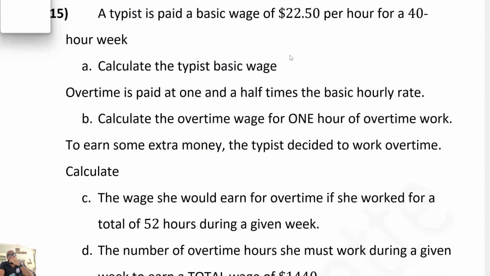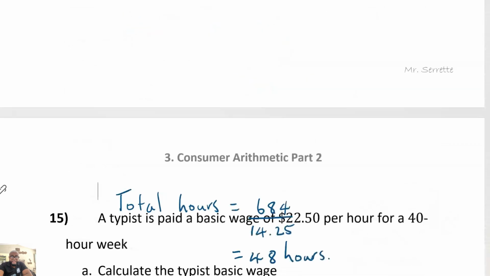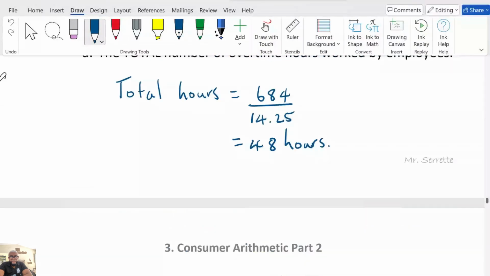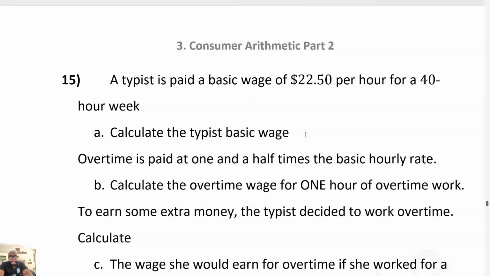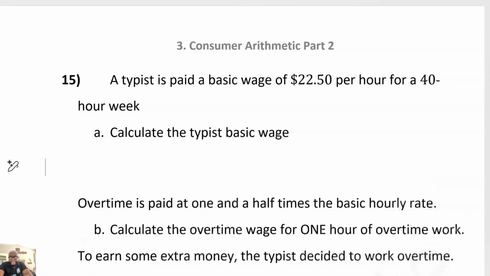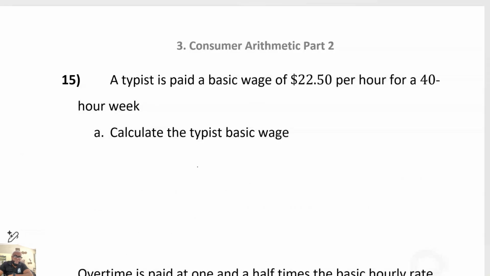A typist is paid a basic wage of $22.50 per hour for a 40-hour week. Calculate the typist's basic wage. What will be his basic wage, my children?